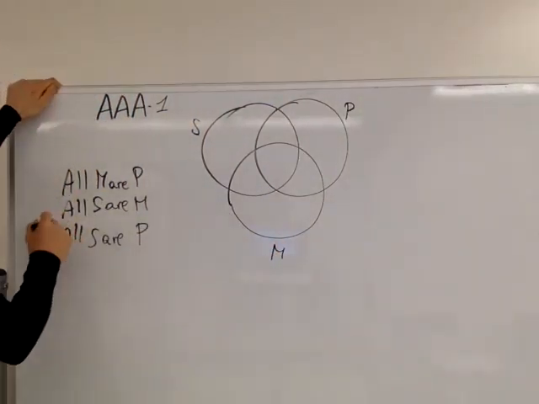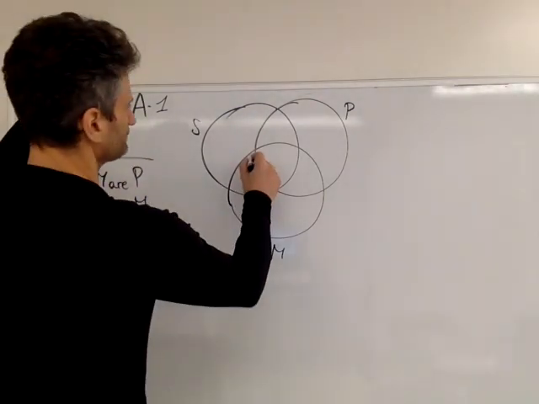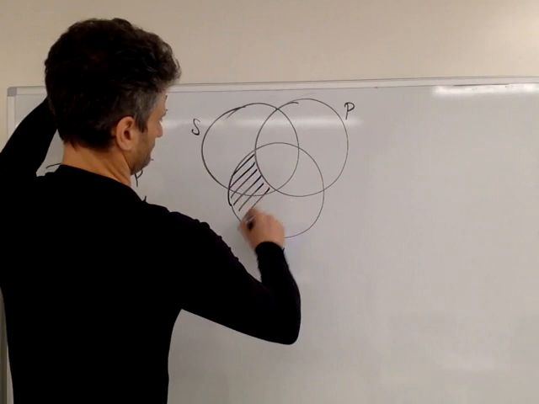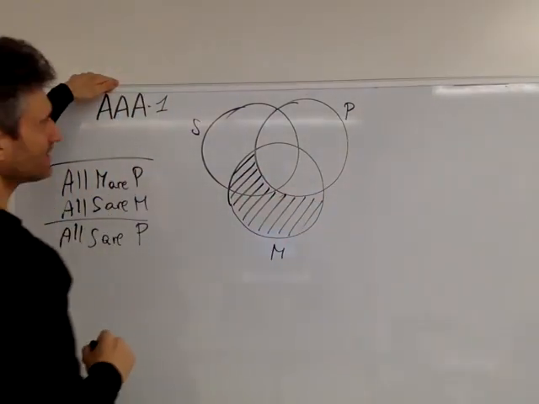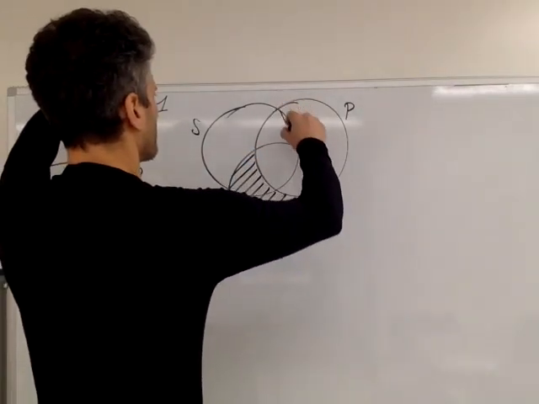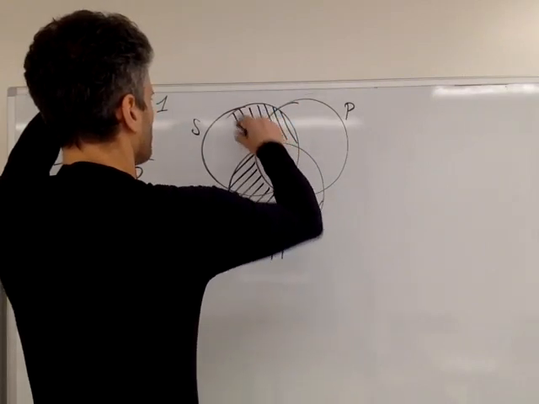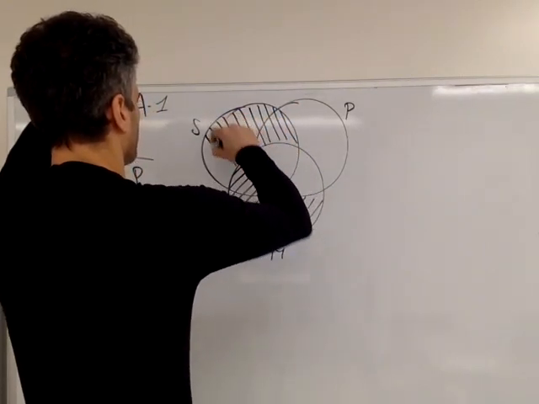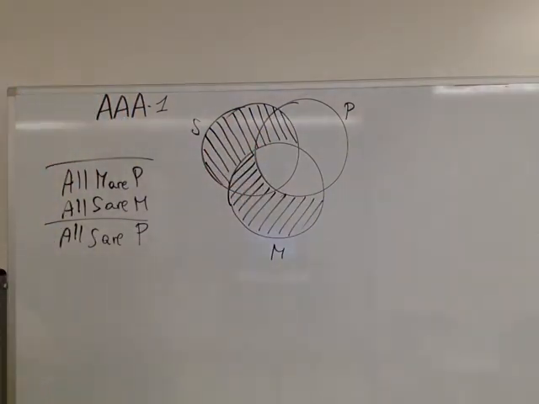Okay, so once again, let's diagram these premises. All M are P. All S are M. Now notice what happens now.